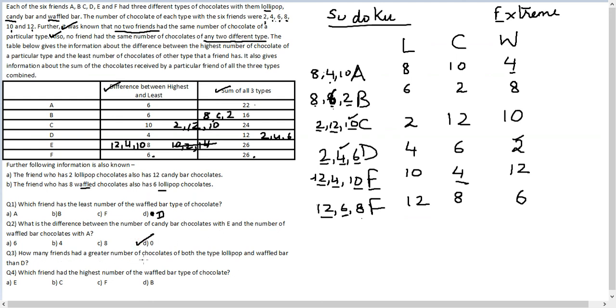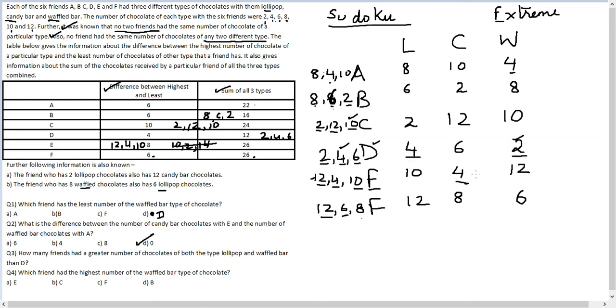How many friends had a greater number of chocolates of both the type lollipop and waffled bar than D? Lollipop and waffled bar than D. So more lollipops than D would come for F, but nobody can have more. Oh, sorry. We are looking for D. More than 4 and more than 2.